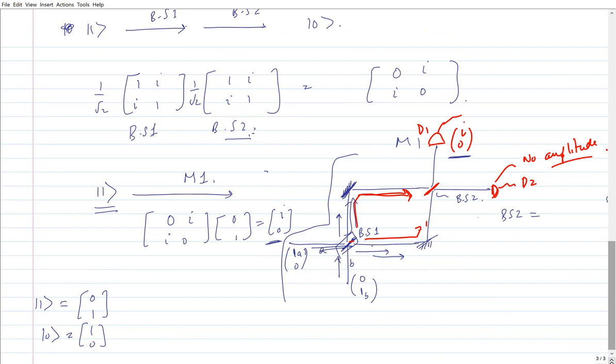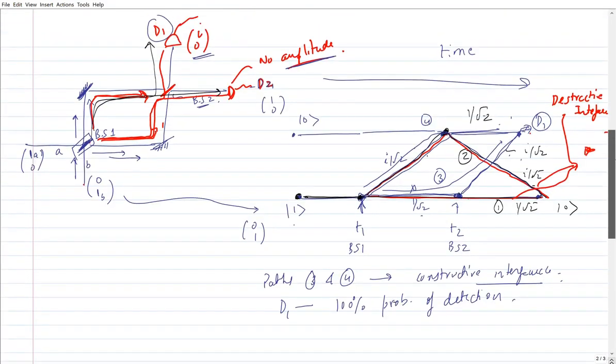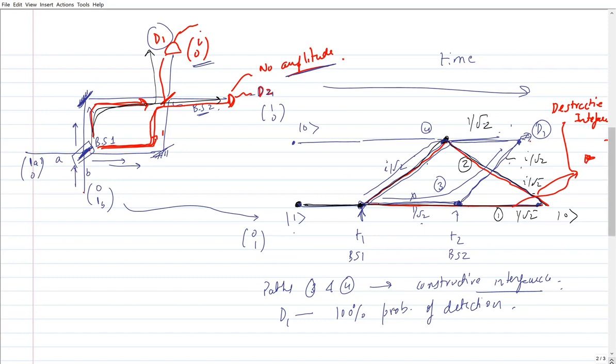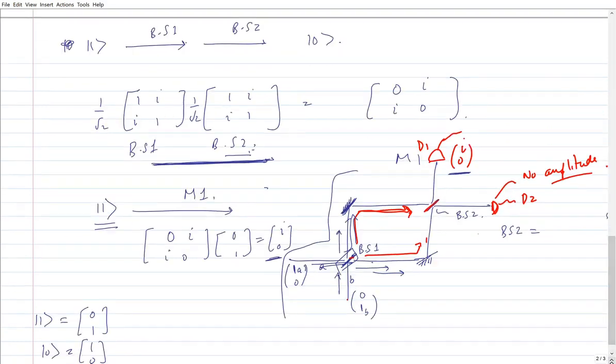Essentially, if you look at it, this matrix multiplication is nothing but the sum over all these paths. The entire information of this matrix mechanics, this matrix multiplication, carries all the information of the path computation we do. So this is a very powerful formalism. Mathematically, it's convenient for us to multiply propagators and matrices to get the answer automatically. But as we saw, there is so much richness in the journey of a single photon.